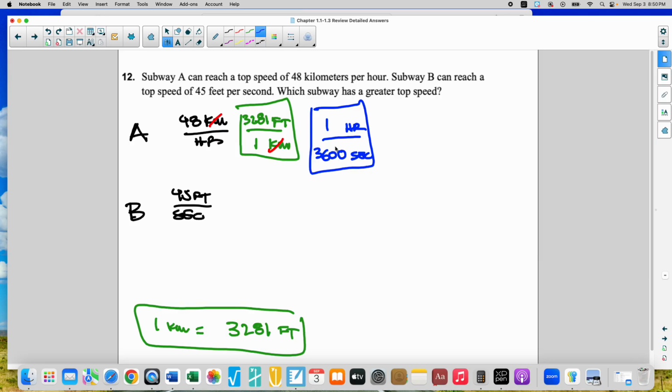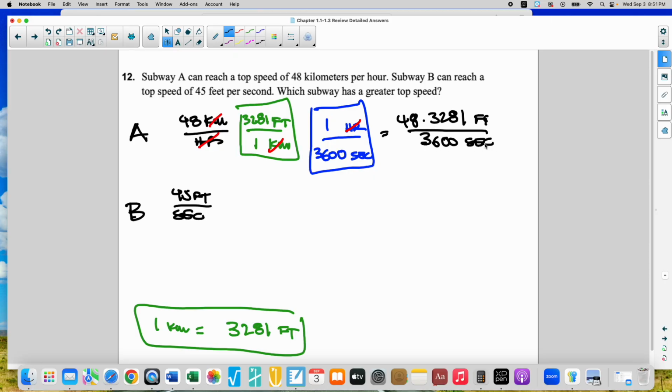That'll help you. So what do we have here? These feet. No, we want to be in feet. Sorry, the feet doesn't cancel. The hour cancels, and we're in feet per second. So we have 48 times 3,281 feet over 3,600 seconds.